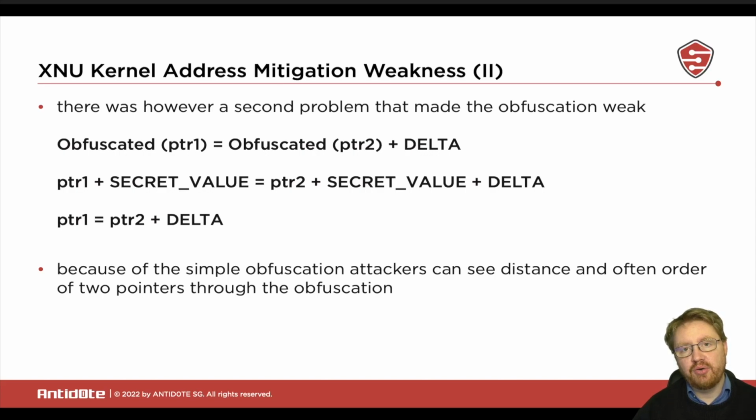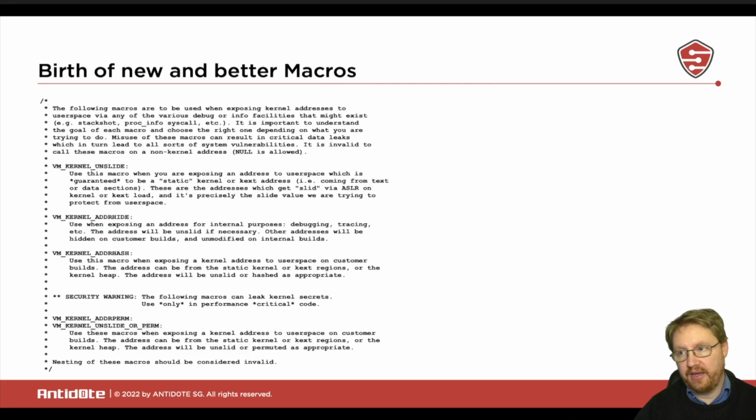This can already be good enough for having fine-grained heap layouts, because you can basically read their delta from the obfuscated value itself. This is obviously bad, and so Apple needed to react in a way.